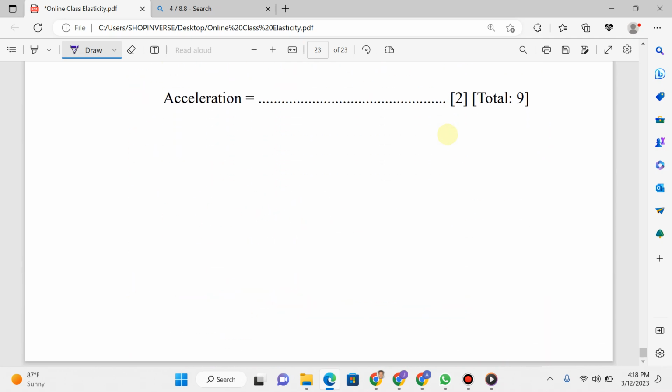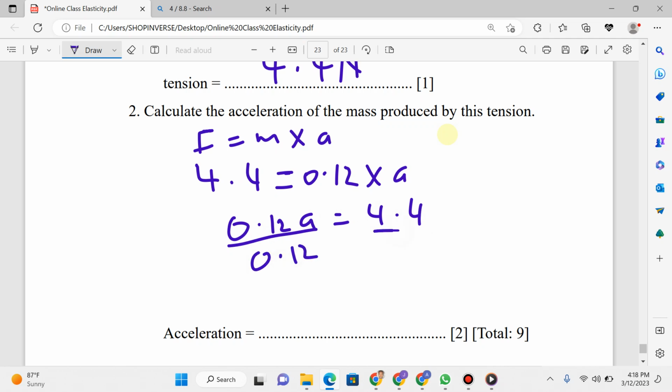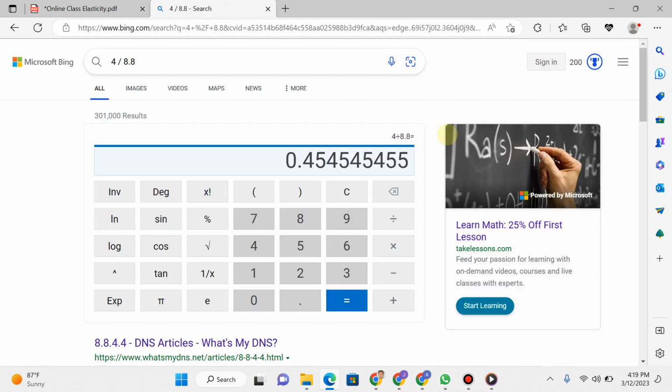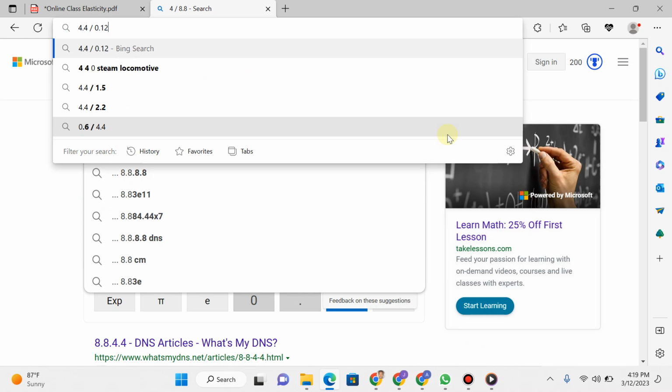So our mass is 0.12 multiplied by a, where a is the acceleration. How do you get a? If 0.12a is equal to 4.4, to get a, we divide both sides by 0.12. So a is equal to 4.4 divided by 0.12.